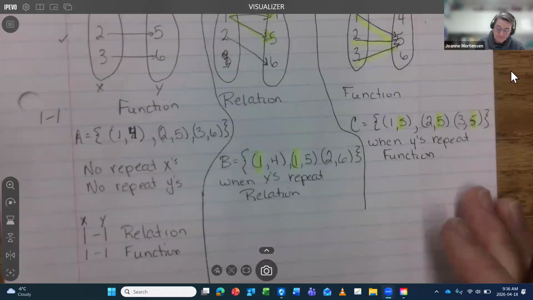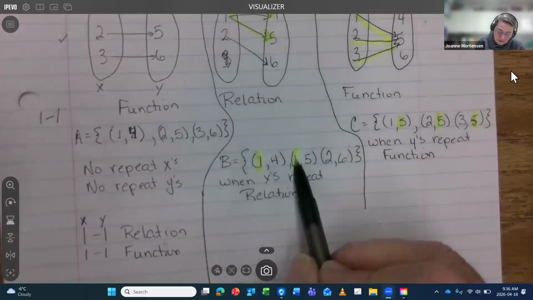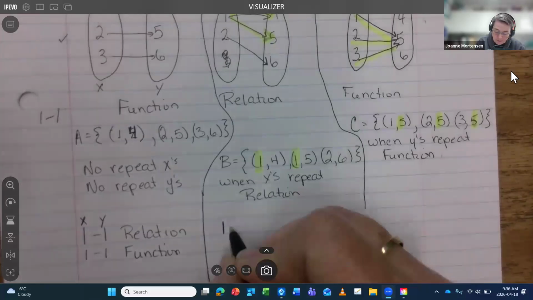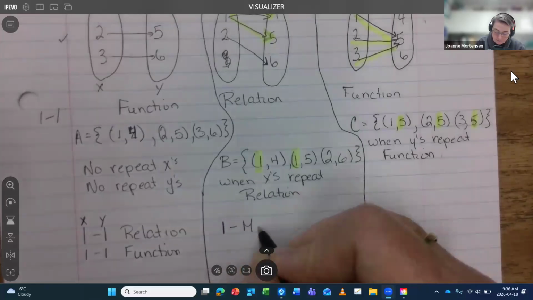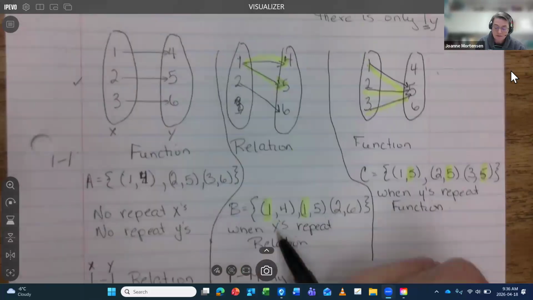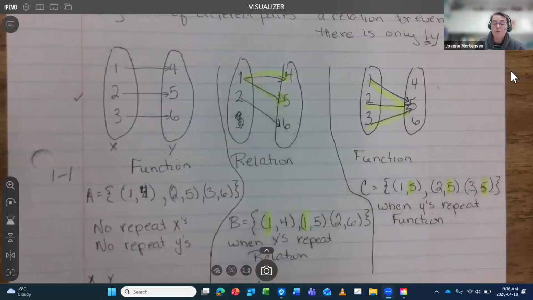Now this one, we call it a one-to-many. So one X, whether you look here or here, goes with many Ys.